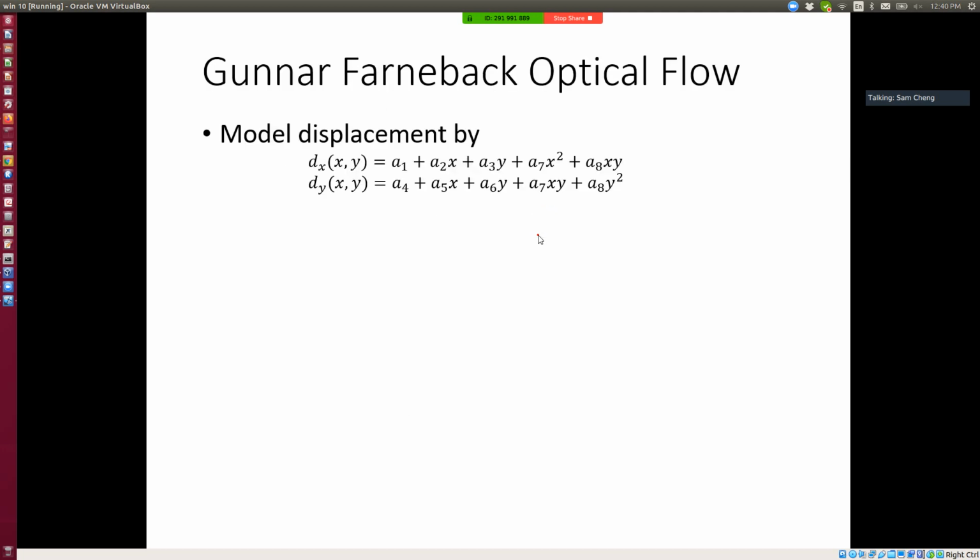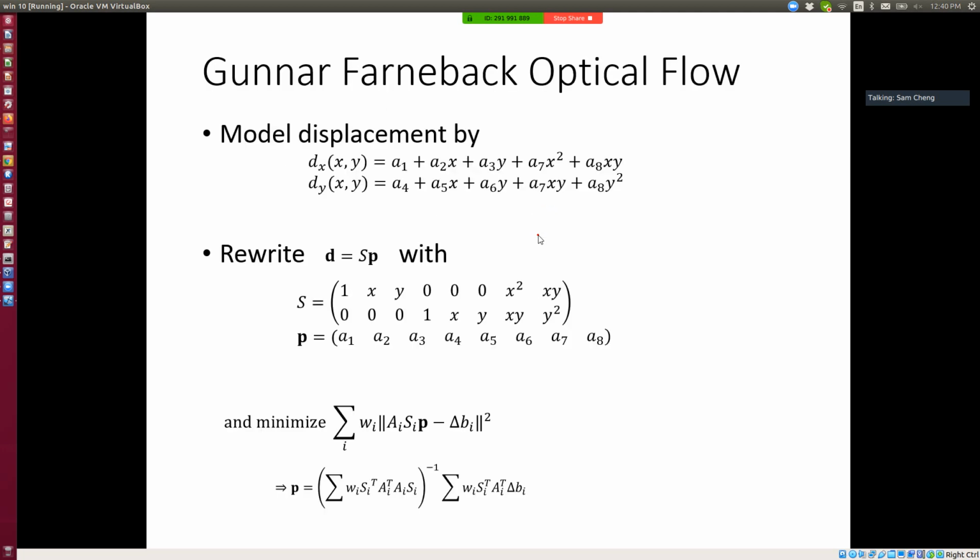A final thing about this algorithm is a little bit weird, but it's mentioned in this paper that you can further parameterize your displacement using a quadratic function like this. I find it quite mysterious why they take this form, but they took this form.